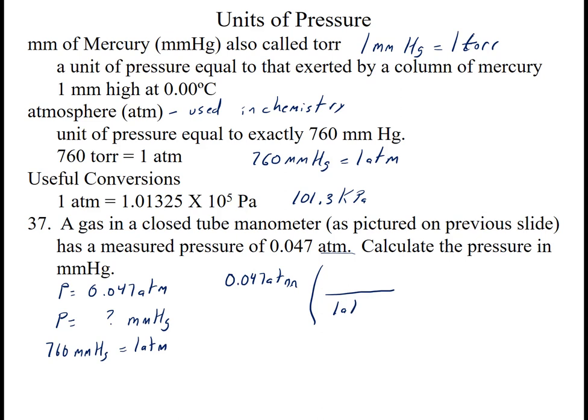So 1 atmosphere is 760 millimeters of mercury. The atmospheres cancel, and the rest are on the same side of the horizontal line, so I multiply, and that becomes 35.7, and then the units is millimeters of mercury. And that is the end of this video.